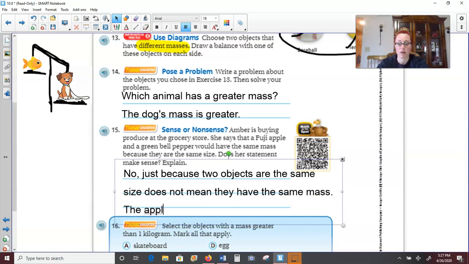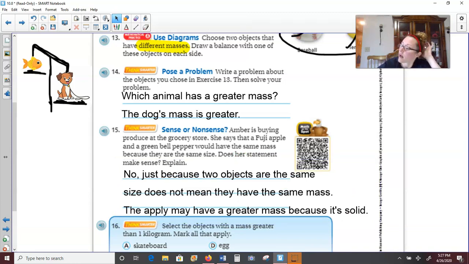Oh, wow. The apple may have a greater mass because it's solid. So when you think about that, that actually makes sense. Apples are solid, but then when you cut a pepper, you have a lot of hollow space.